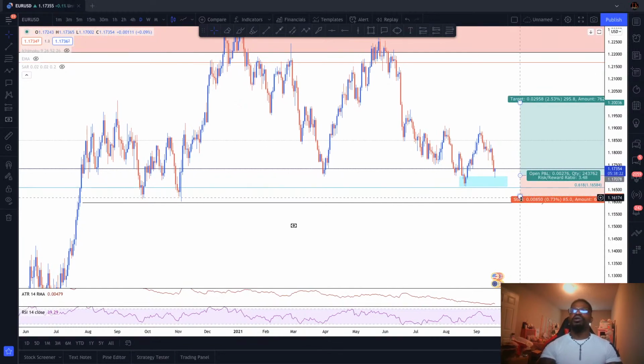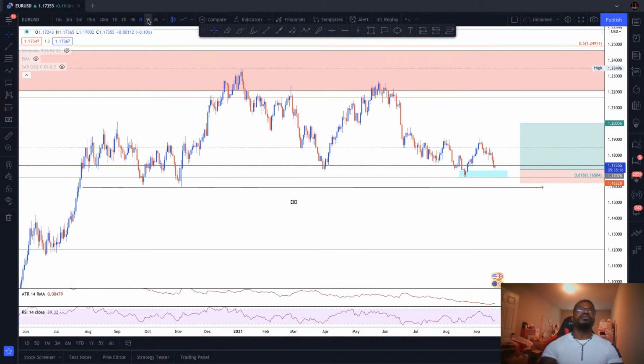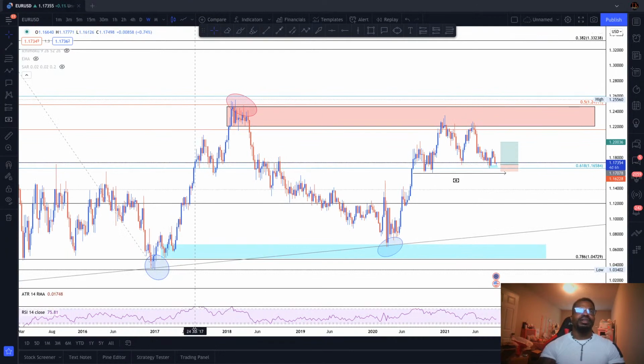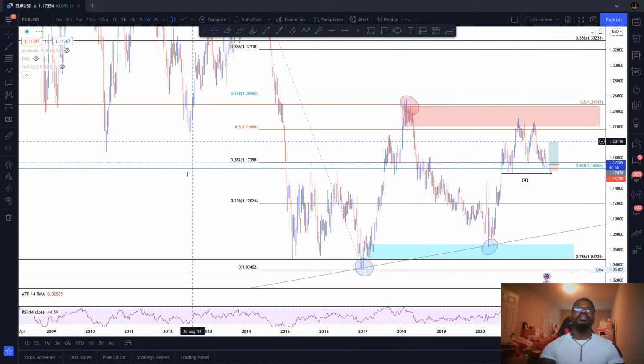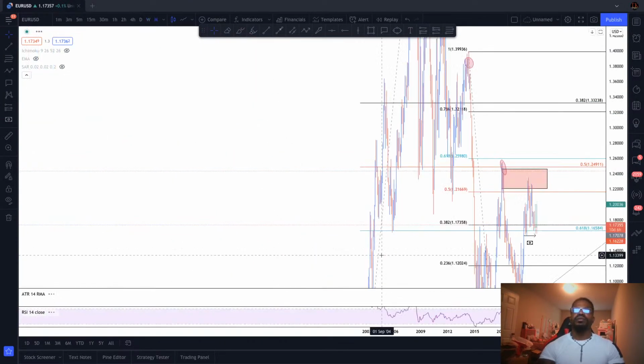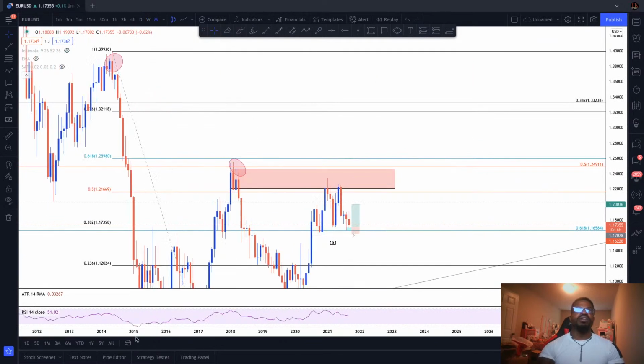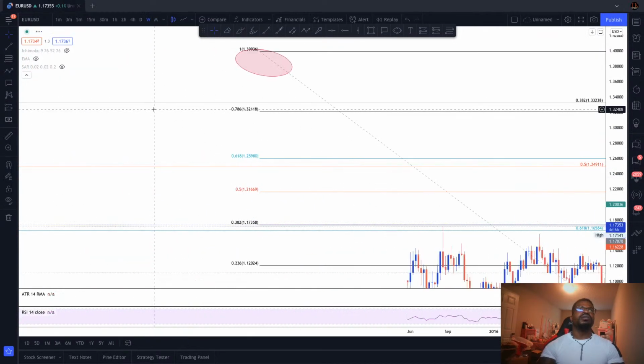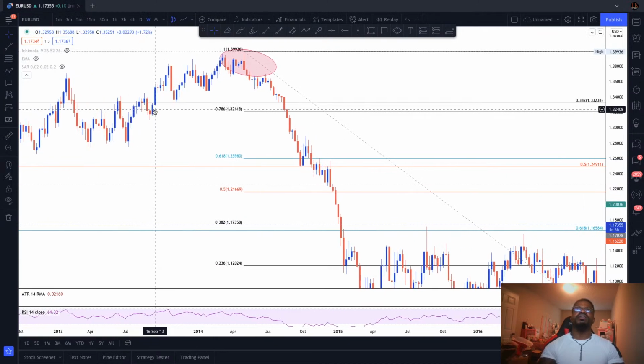So if price holds this area based off of the macro outlook that we had, a target area that's above this zone, since the 618 was played already, would be the 786.